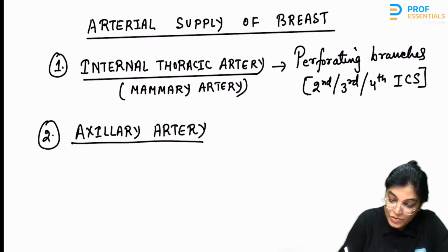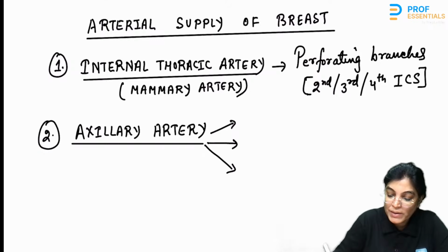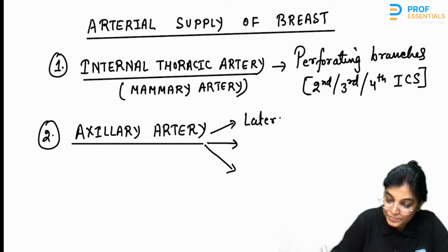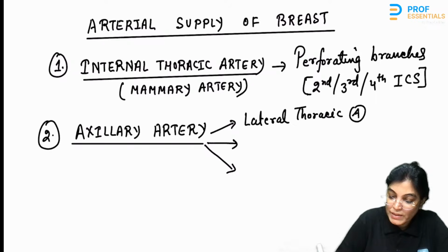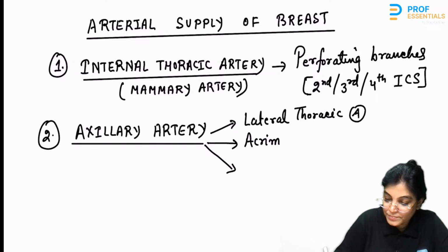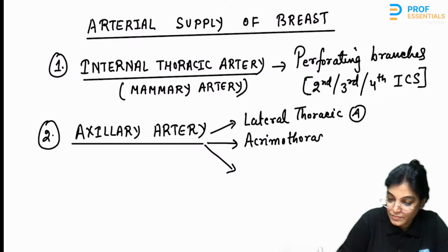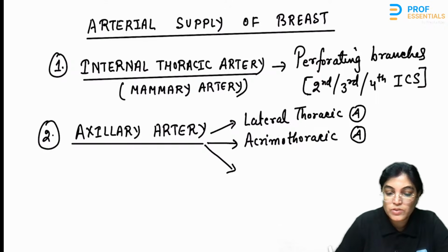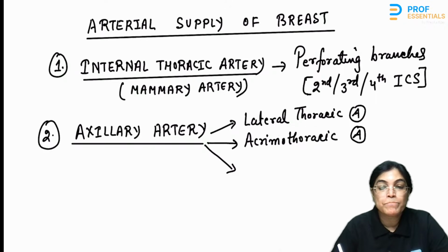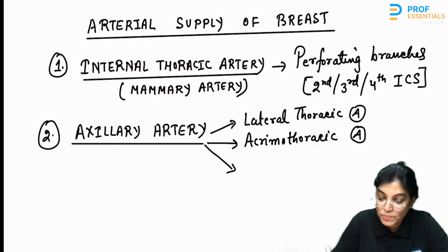So axillary artery, with 3 branches, is a source of arterial supply to the mammary gland. One of the main sources is the lateral thoracic artery. The other will be the acromiothoracic artery, and the other is also the superior thoracic artery.